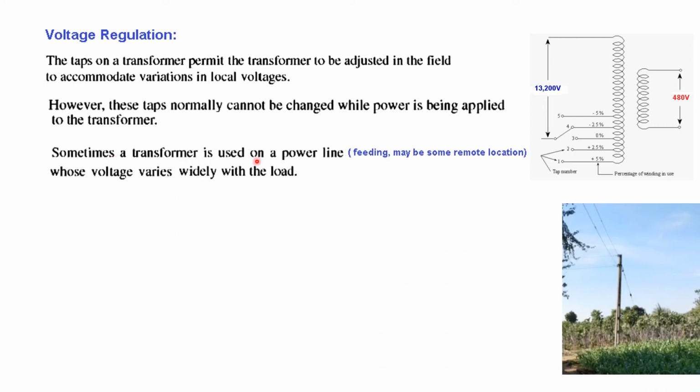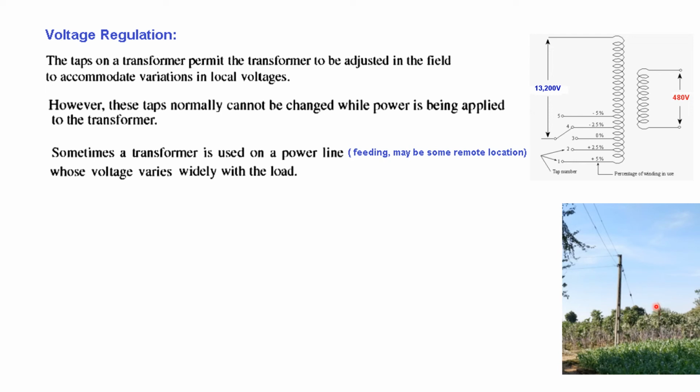Sometimes a transformer is used to power a line feeding some remote location. Just like here, let's say the transformer is somewhere here, and then we are feeding a house or two houses maybe a kilometer away from here. Then there will be much more line losses, and the effect of change of the load will be felt much more here.